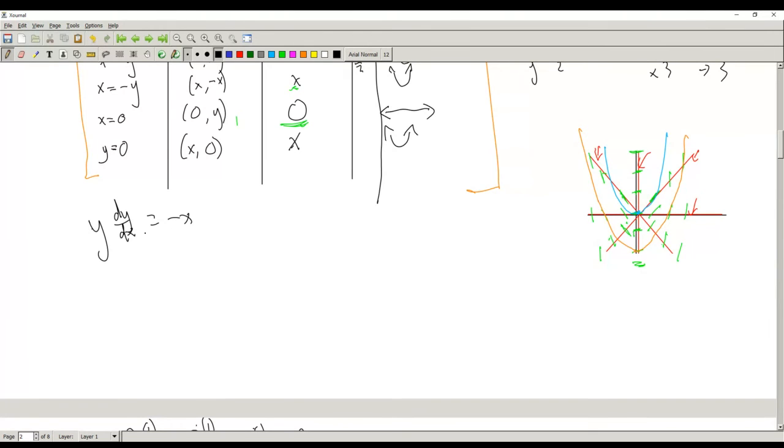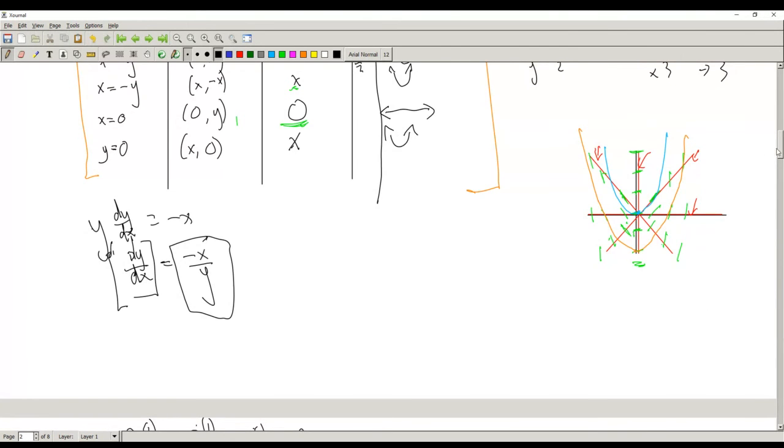First thing, is it a usable equation? At the moment, it isn't. At the moment, we've got a y next to the derivative. So now we want to convert it into a usable equation. So dy by dx is equal to minus x over y. So now we have our f of x, y, and we have our derivative over here.